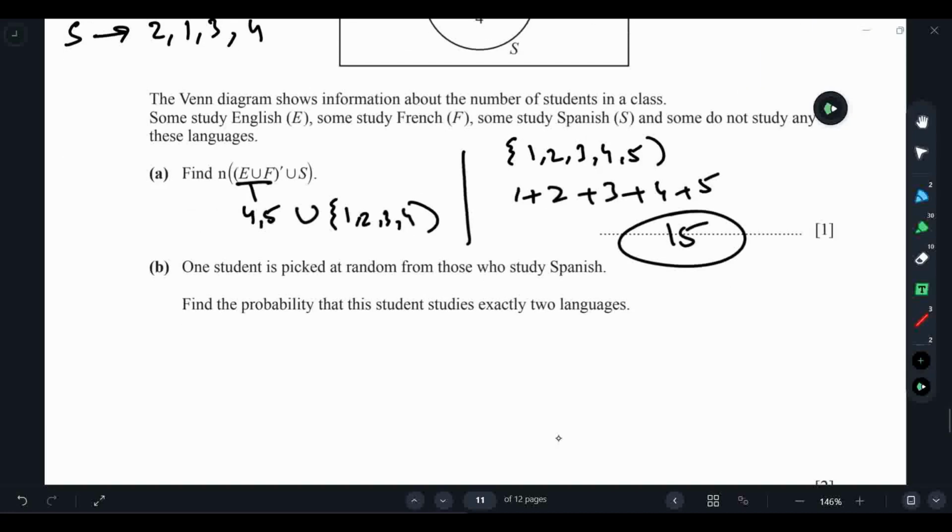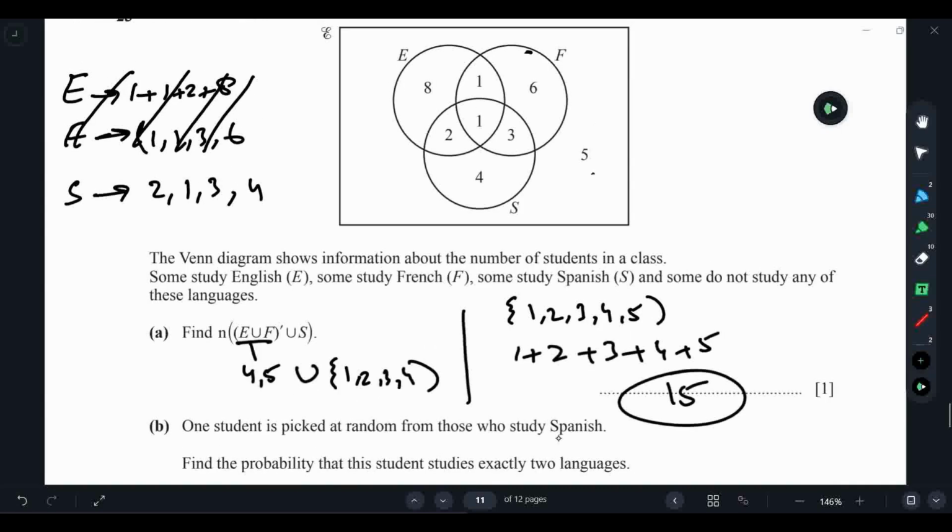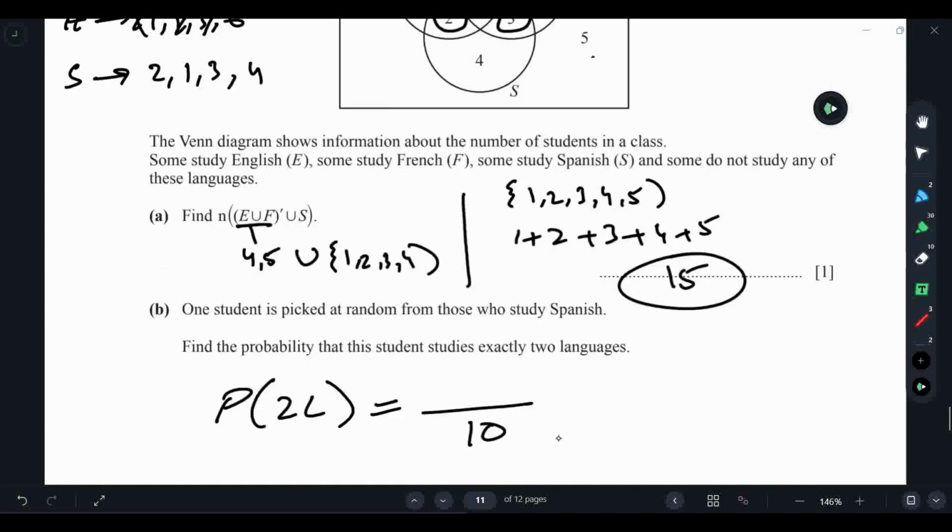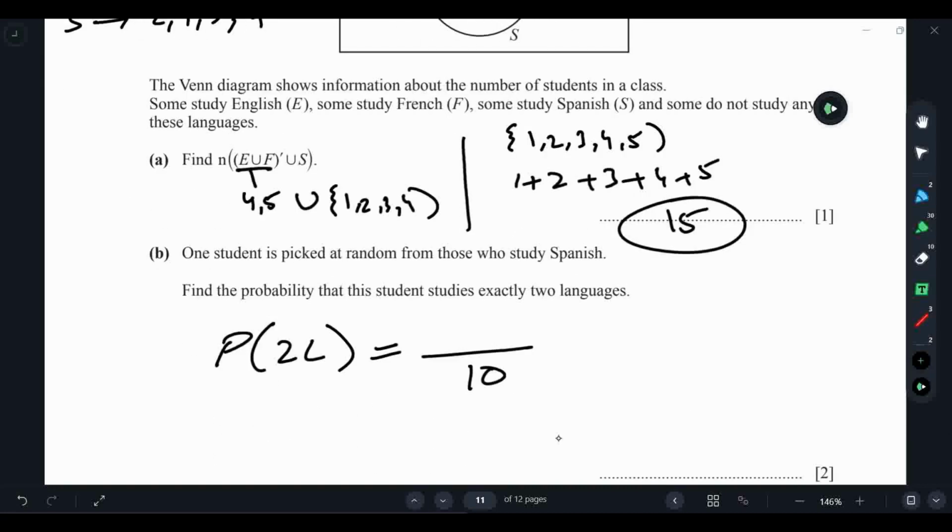Now for two languages, this should be Spanish and English, and Spanish and French. If we add these two, this will be 5. So the probability of this should be 1 by 2.